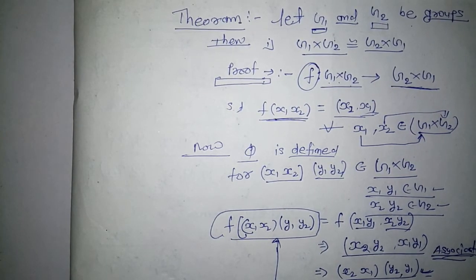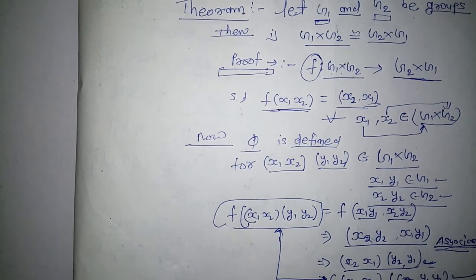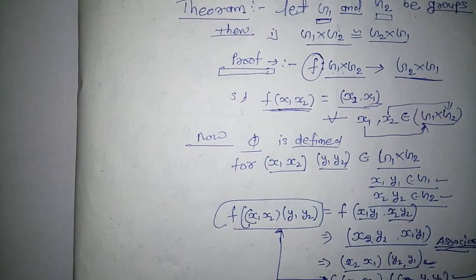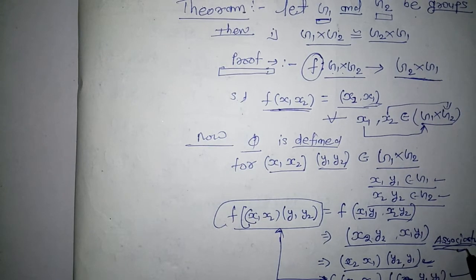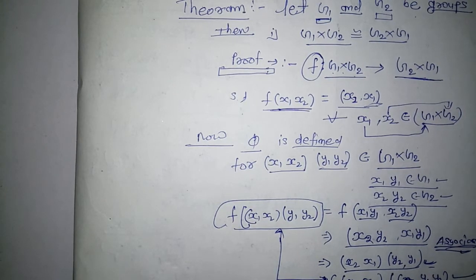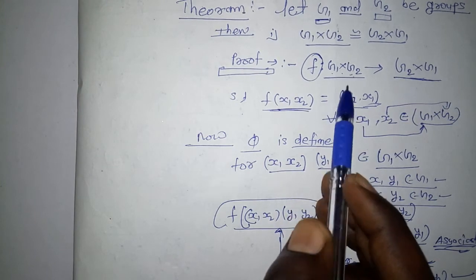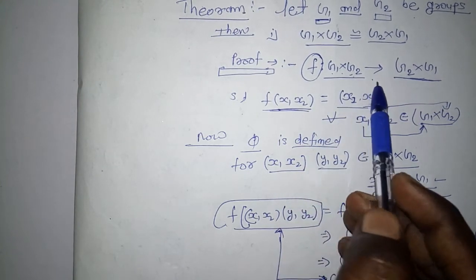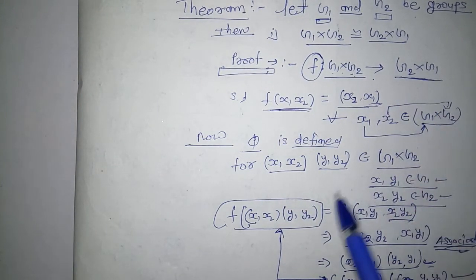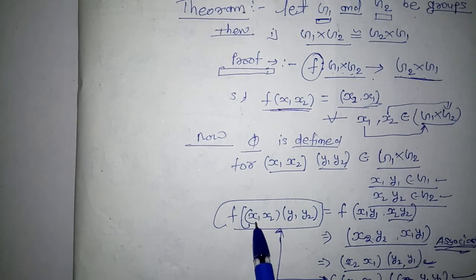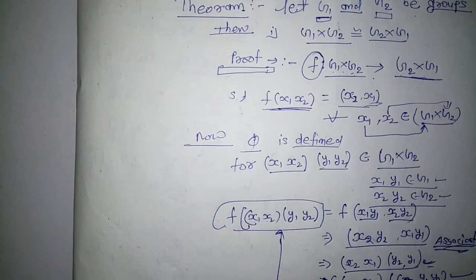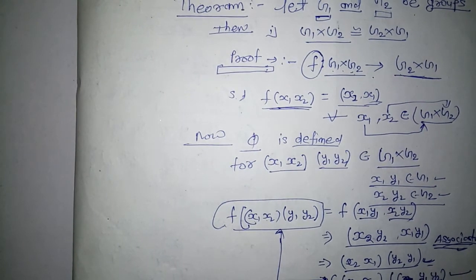Now the associative law is included here, and the mapping from G1 and G2 to G2 G1 is also included here.